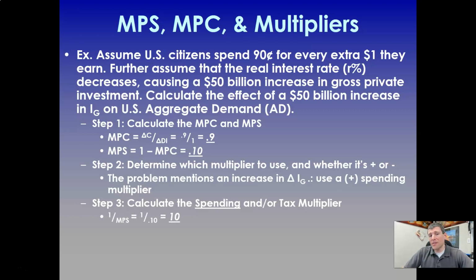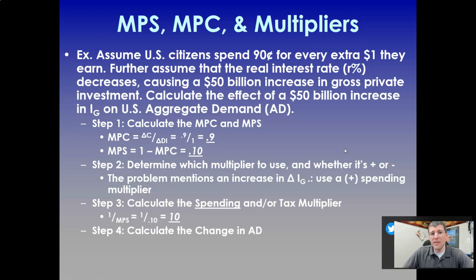You remember that the spending multiplier is equal to 1 over MPS. In this case, that's 1 over 0.1, which gives you 10. So a multiplier of 10. And then we take 10 times the initial change in spending. The initial change in spending was $50 billion.